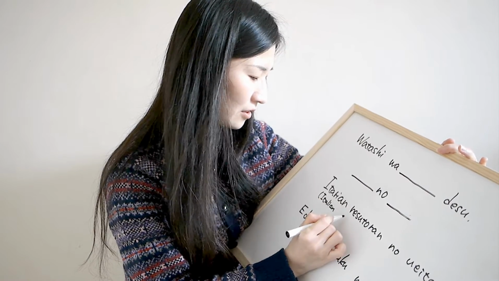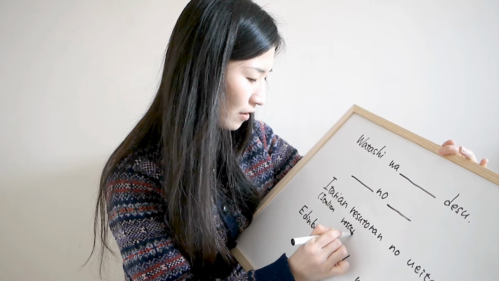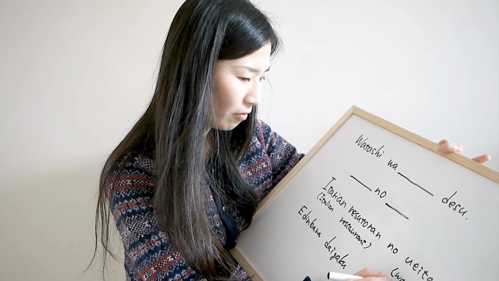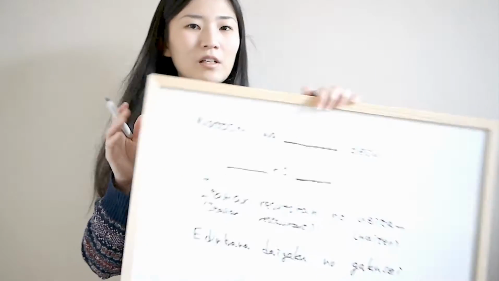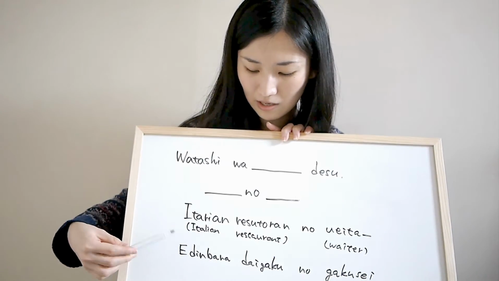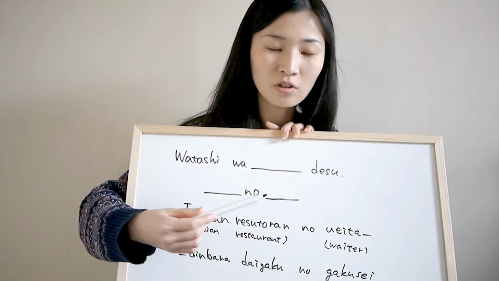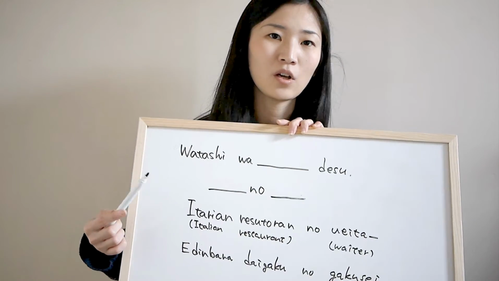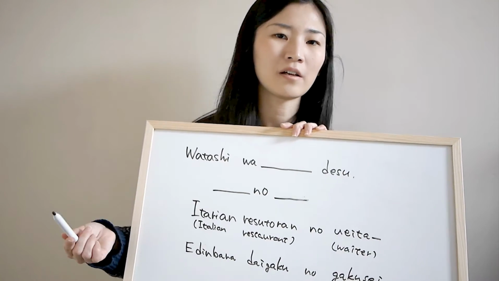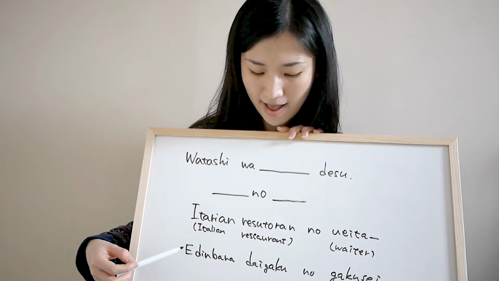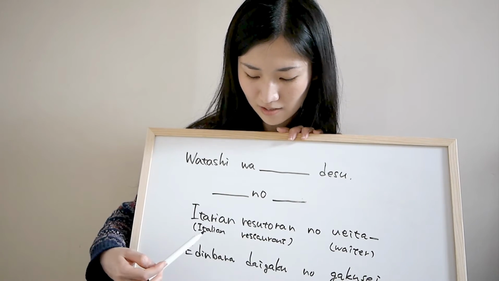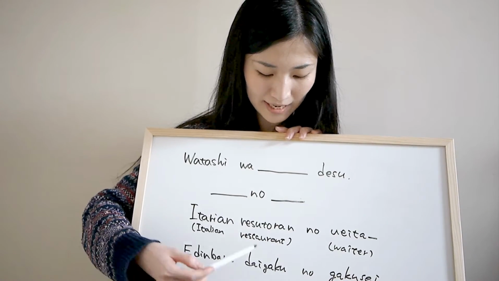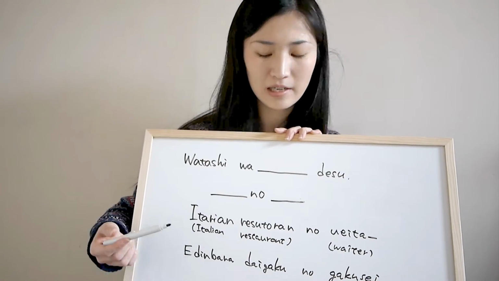So Italian restaurant. So the second sentence. エディンバラ大学の学生。So 学生 was a student that we learned in last lesson, and Edinburgh is Edinburgh. 大学 is university.